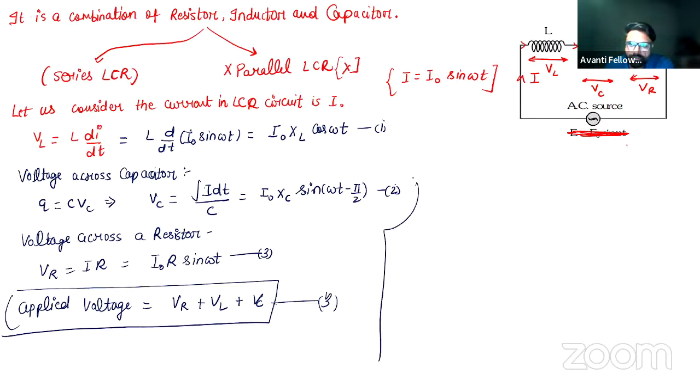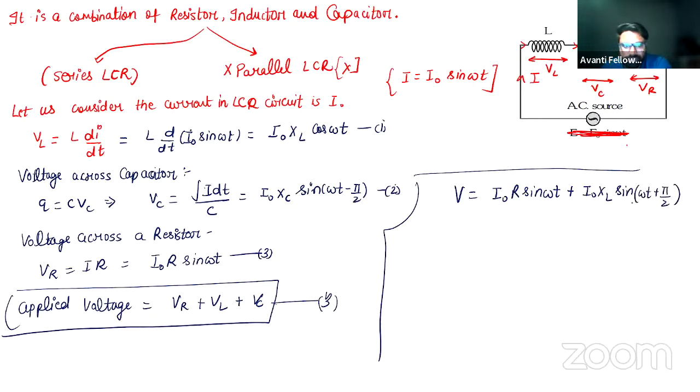Now, if we put the values here, you will have V is equal to I naught R sine omega t plus I naught XL sine omega t plus pi by 2, because in this the current will lead. Here we can also write cos omega t directly. Plus I naught XC sine omega t minus pi by 2. Got it?